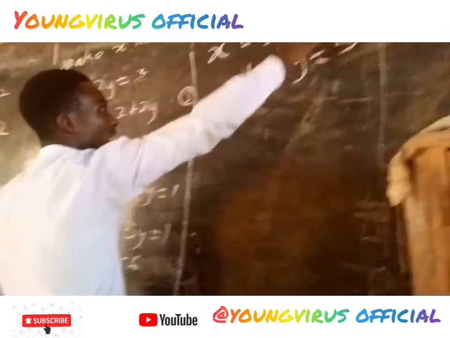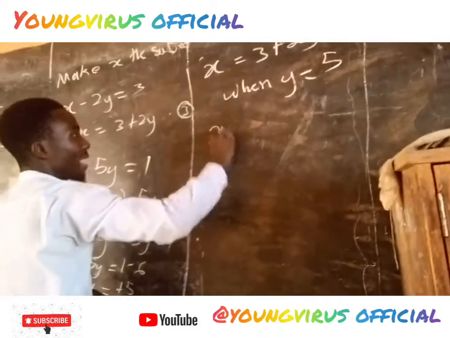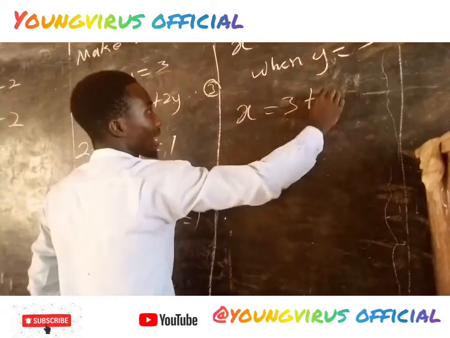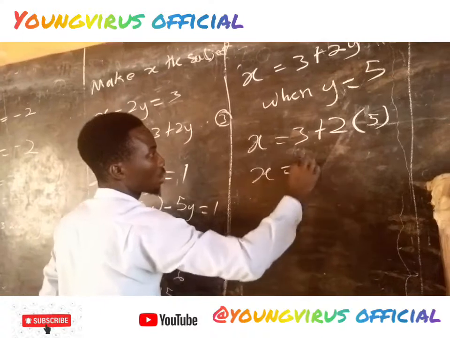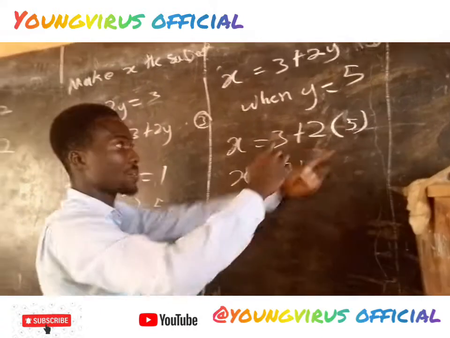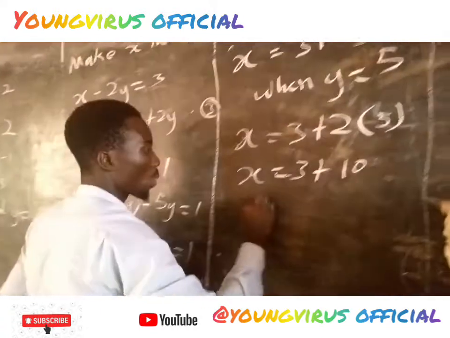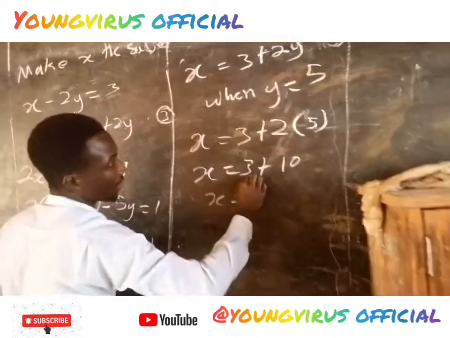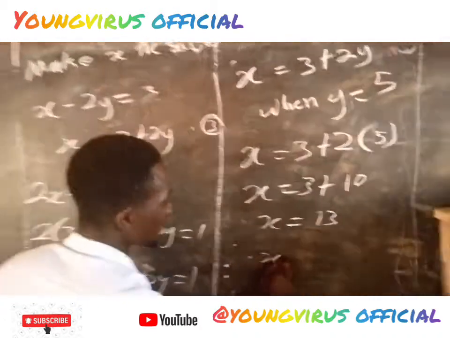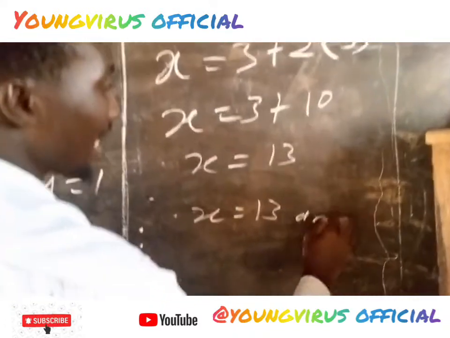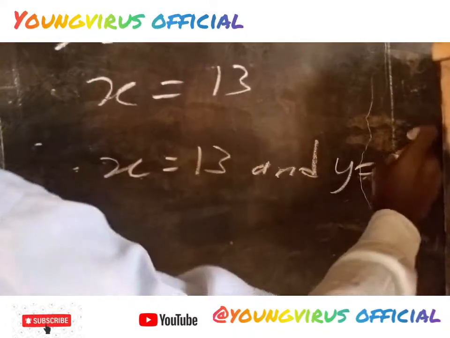So wherever you see y here, you're going to put 5 there. So we have x is equal to 3 plus 2 times 5. What is 2 times 5? We all know it's 10, right? So x will give us 3 plus 10, giving us 13. So therefore, our x is equal to 13 and our y is equal to 5.